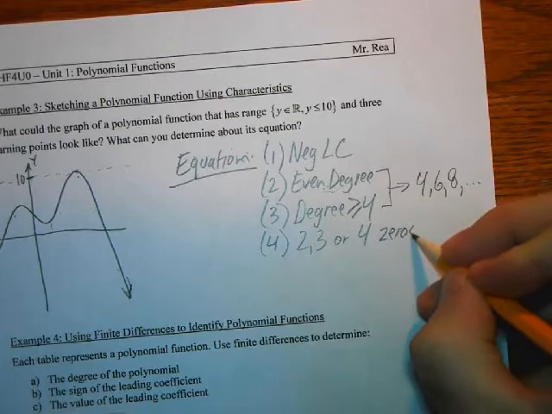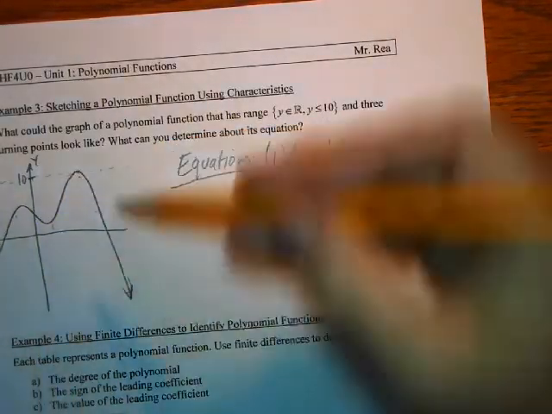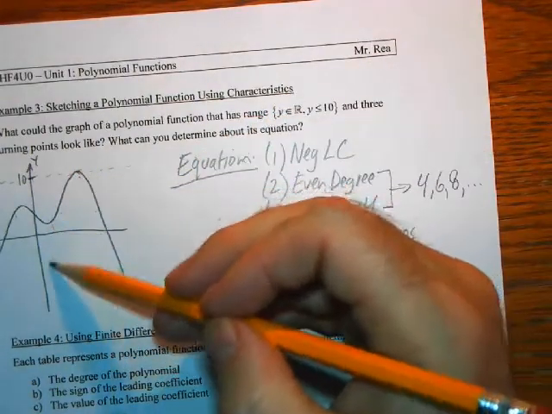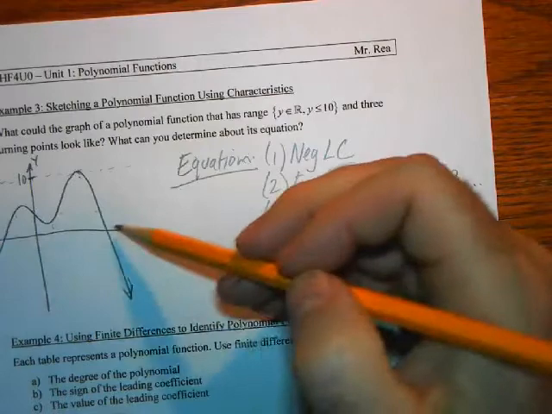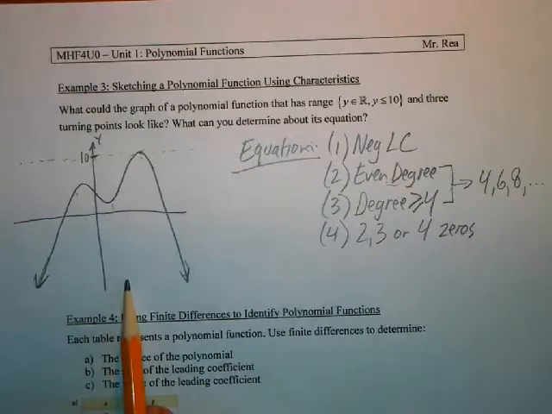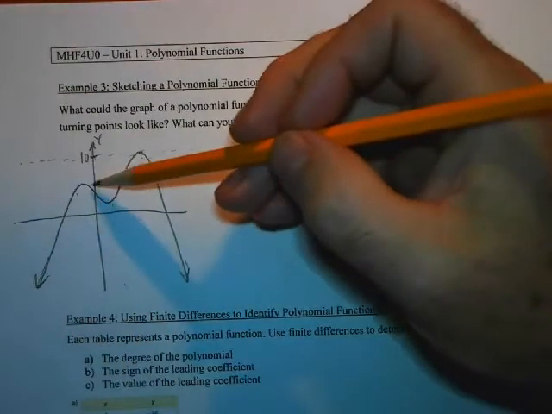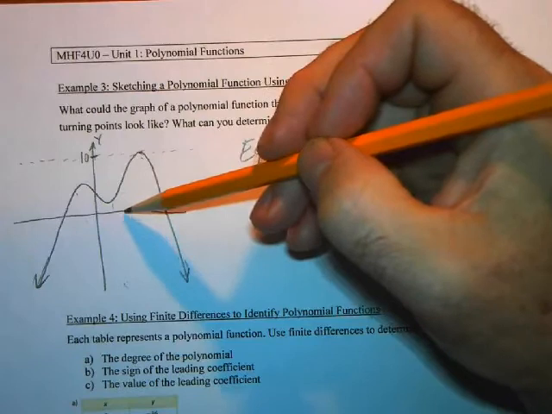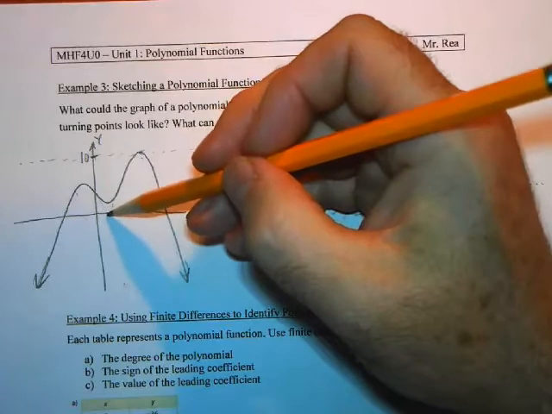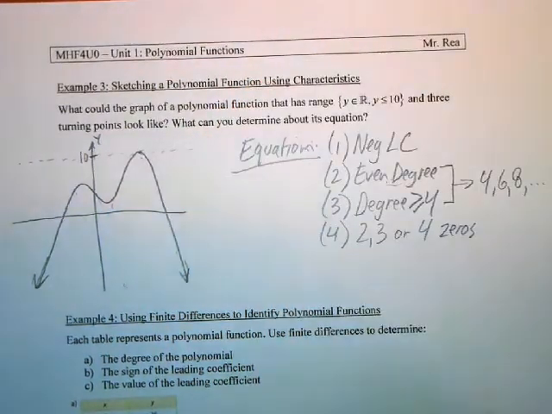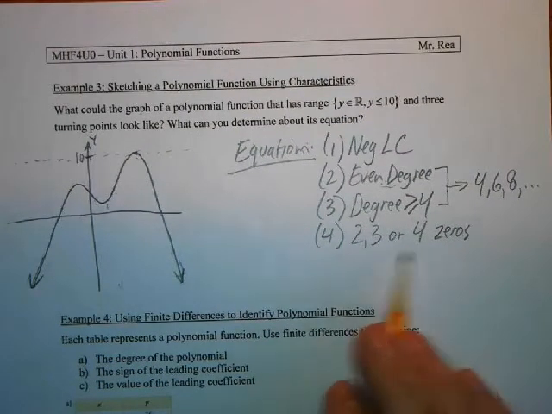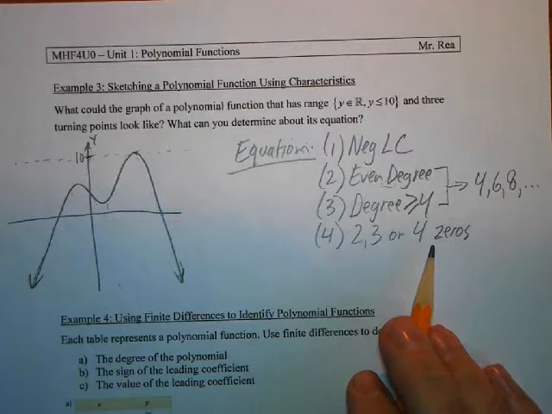There's quite a few options here depending on how we drew it. The fact that the maximum was up here means it has to have at least 2, because at the very minimum, like ours, it has to cross here twice to get down to negative infinity. Okay, but there could be 2 more. Like if we drop this down here, there'd actually be 2 more, and there could be 3 if we just dropped this down and touched. So 2, 3, or 4 would be the possibilities. So you can relate the turning points to the number of zeros, or x-intercepts.